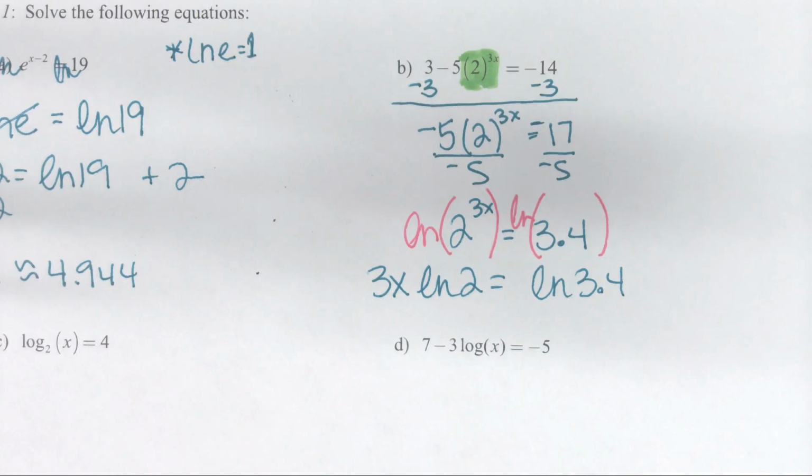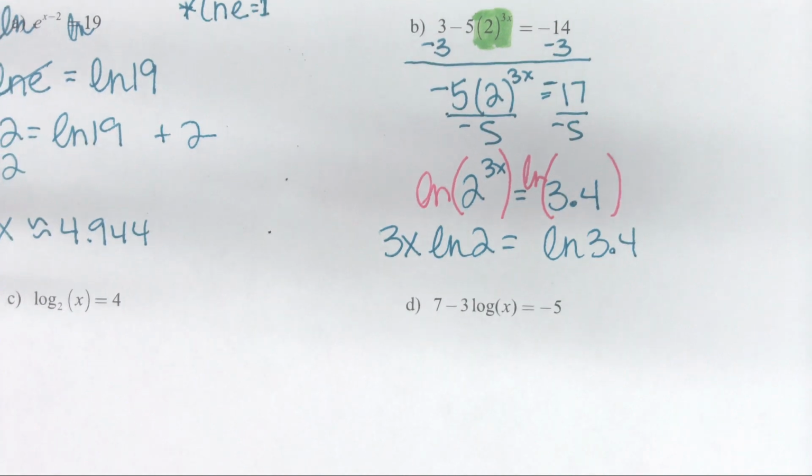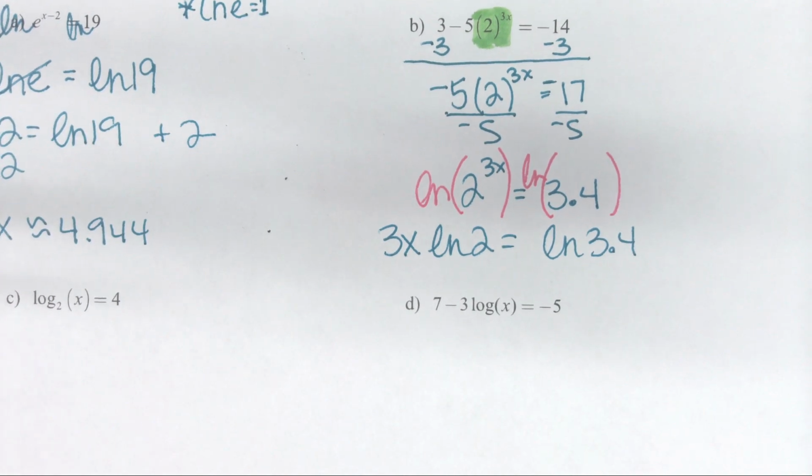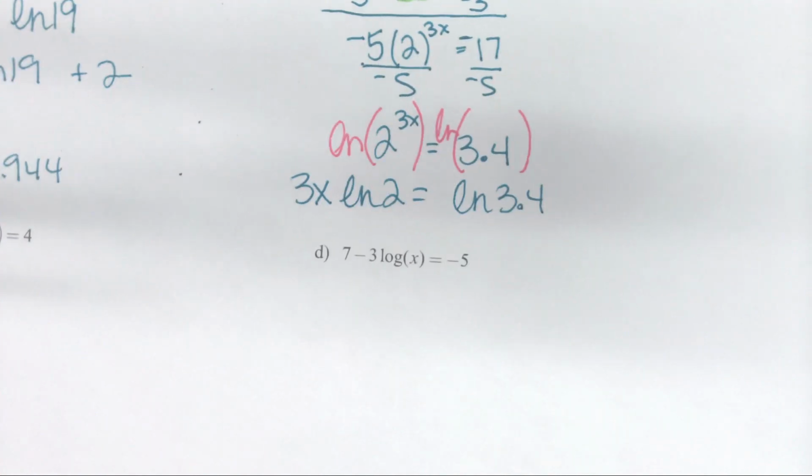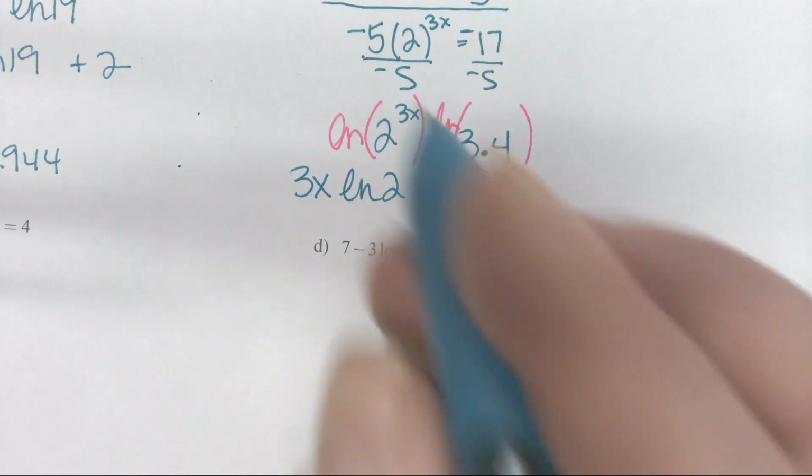What am I going to have to do to get the x alone? You're going to have to do two things. You're going to have to divide by 3 and divide by the natural log of 2. Also, you want to be real careful when you divide by 2 things on your calculator. I'll show you in a second.